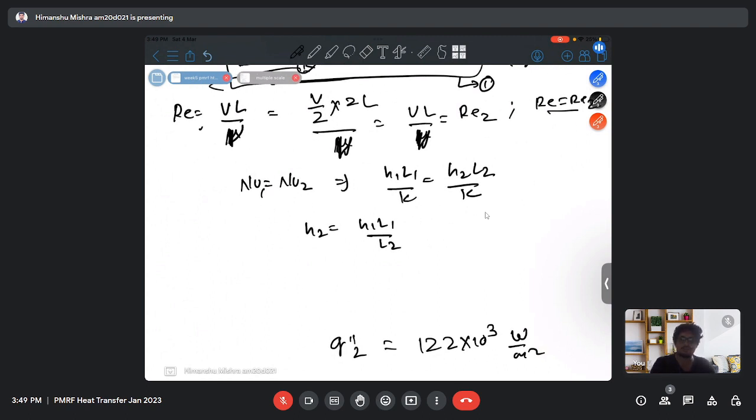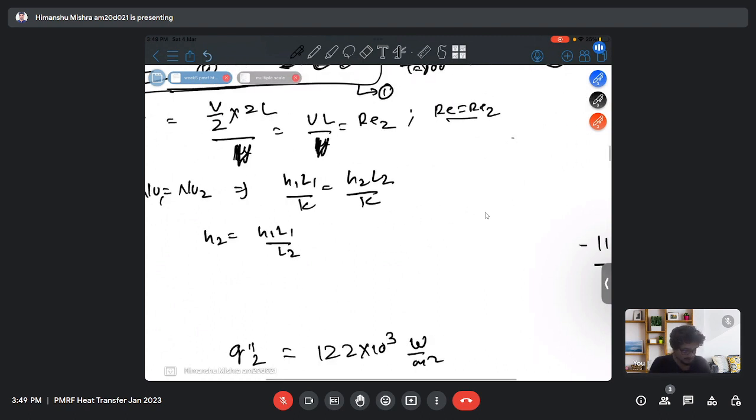In that case, we need to use the Nusselt number as a function of Reynolds number and Prandtl number. Like you may have seen the Nusselt number expression in terms of some constant, Reynolds number to the power 0.8 and Prandtl number to the power 1/3.